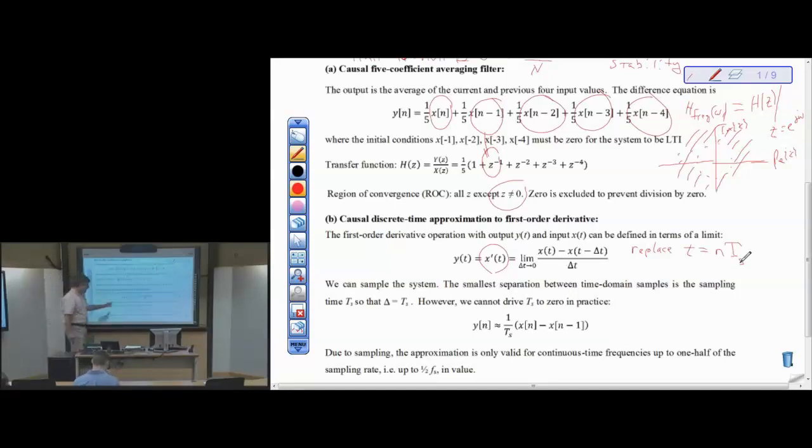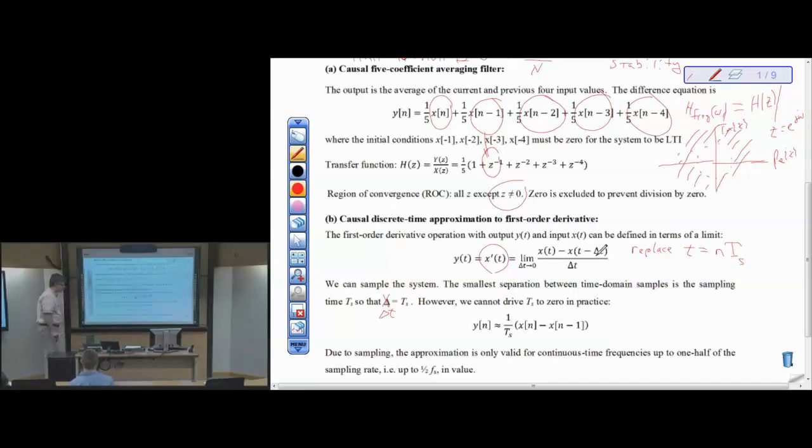So we can now look at this in discrete time. Delta t plays the role of our sampling time. In terms of discrete time, if little t is replaced by n t sub s, it means that little t is our current sample at index n, and the value t minus delta t is what sample? n minus 1, the previous input value.